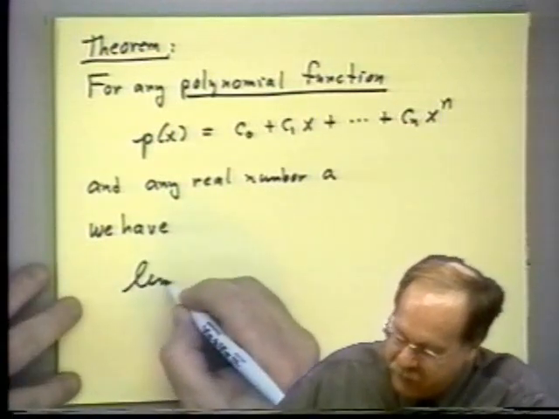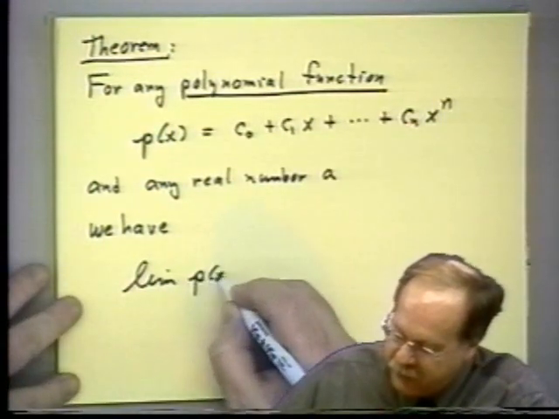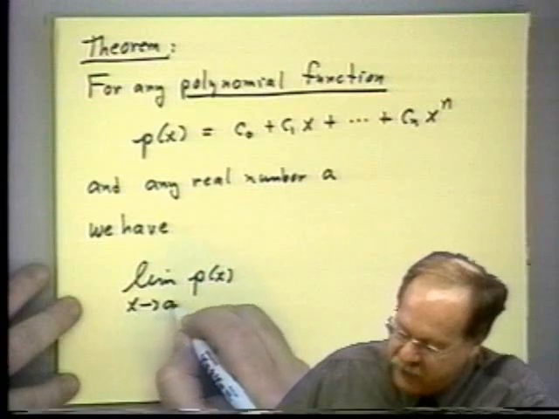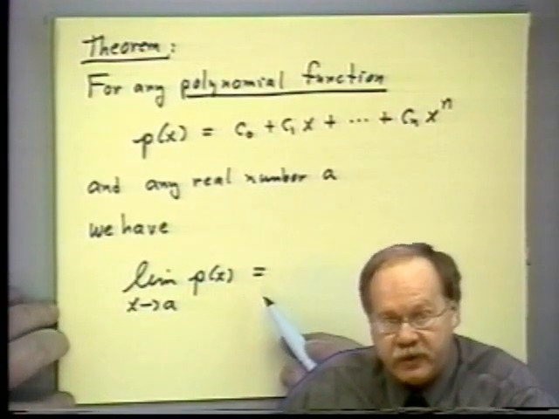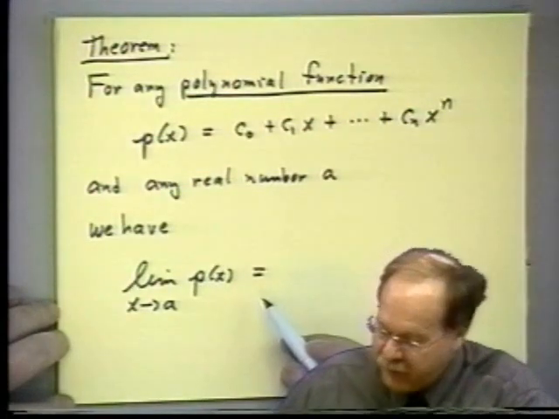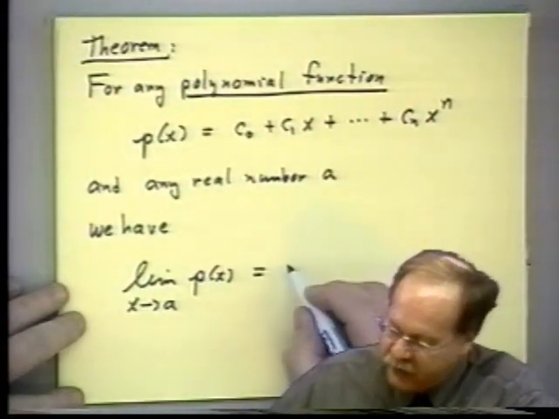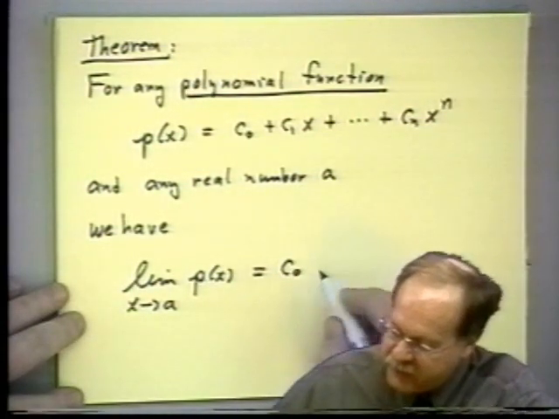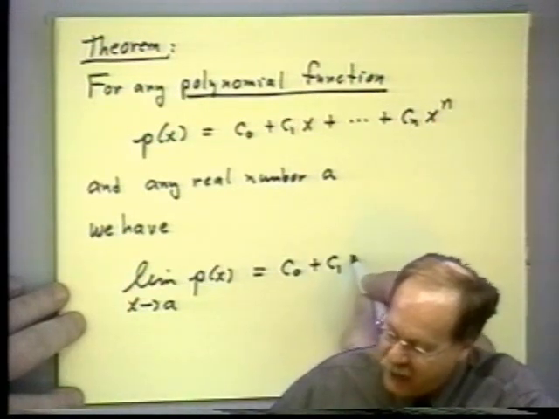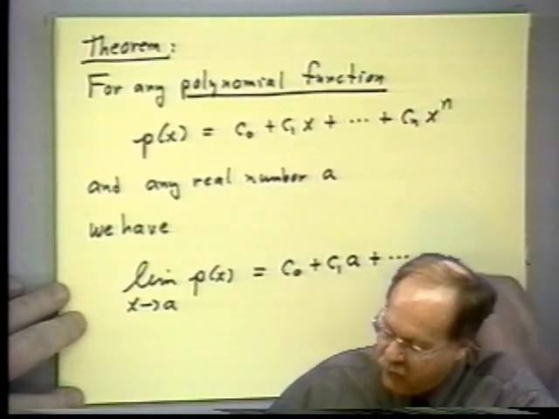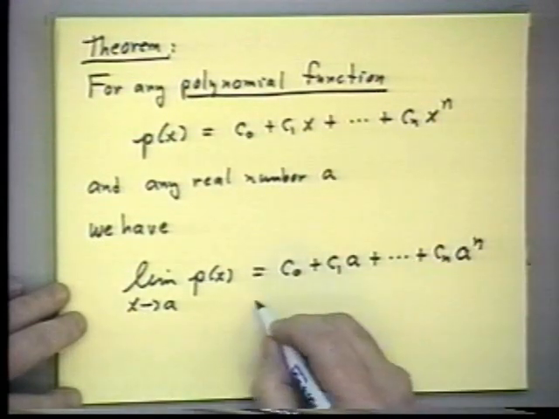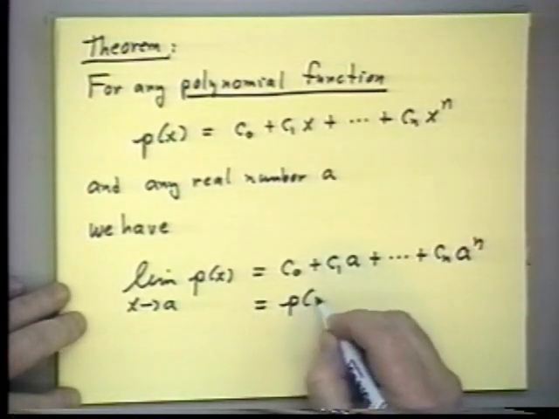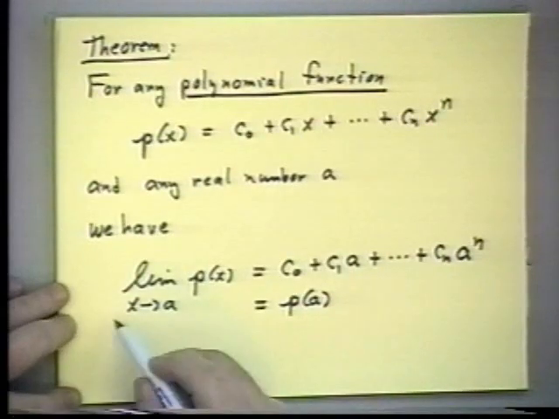If you take the limit of the polynomial as x approaches a, using, if you wanted to prove this, you could use all the rules that we've seen. Using the rules, it turns out to be this. Now see how this works out. c0 plus c1a plus all the way up to cn times a to the n. In other words, that's the polynomial evaluated at a.